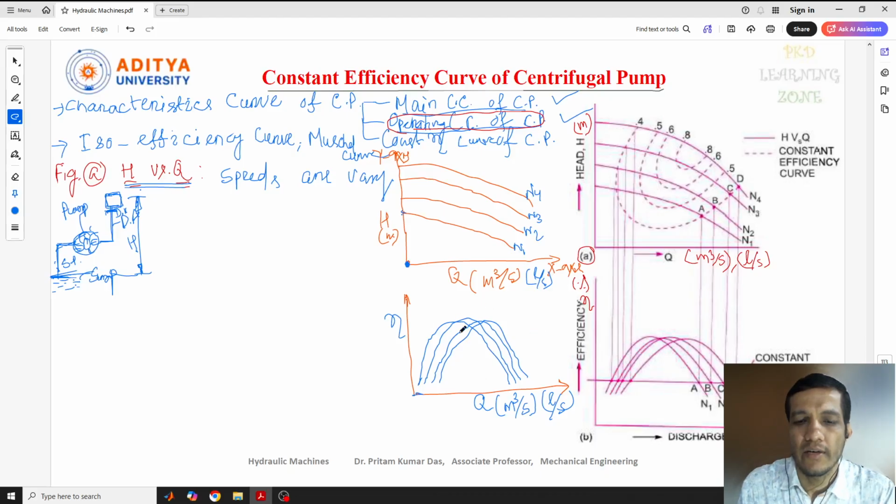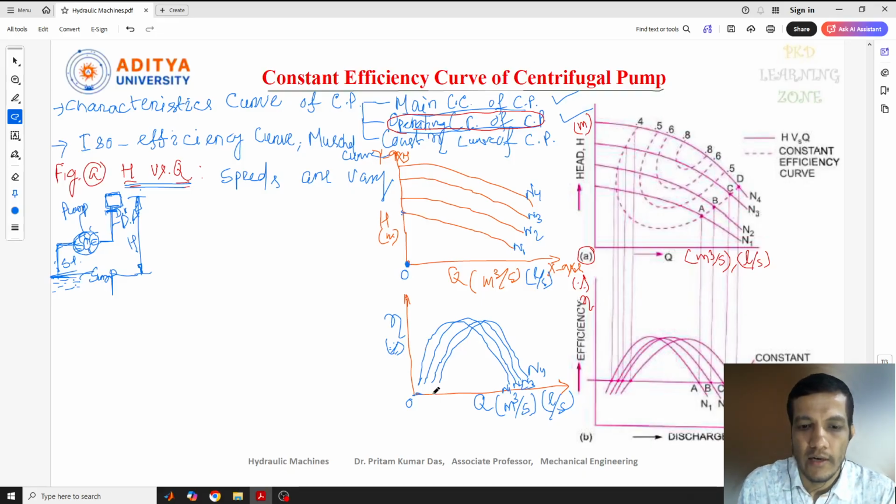We have taken different speed values, and different speeds have different efficiencies. So the same thing I'll mark here: this is n4, this is n3, this is n2, and this is n1. And this is our efficiency. If you want to give values for the discharge, let me give 0 here, as I told you, the origin point.